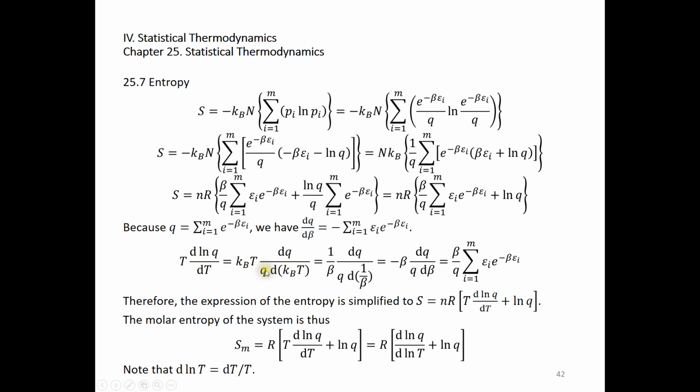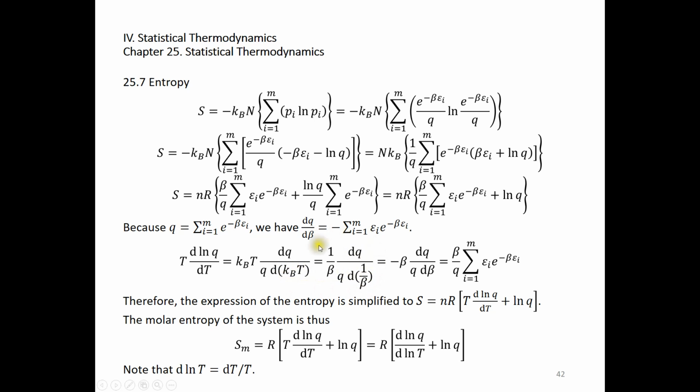Why is that? It's just because d ln q over dq is 1 over q. Therefore, d ln q is dq over q. So we got this. kBT is 1 over beta. Well, that's just the definition of beta. Beta is defined to be the reciprocal of kBT.